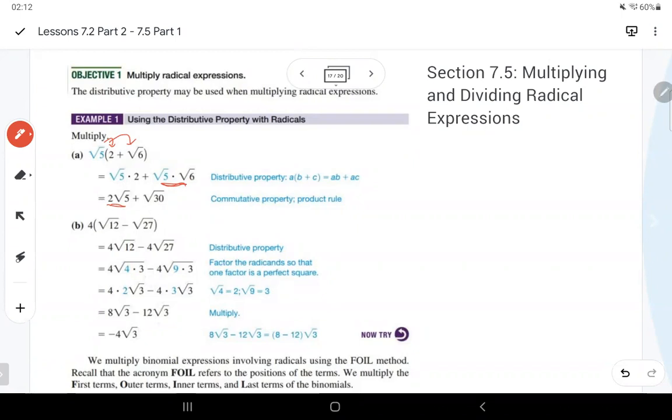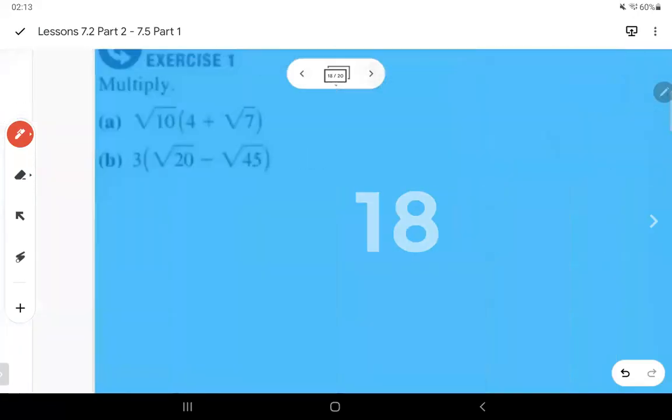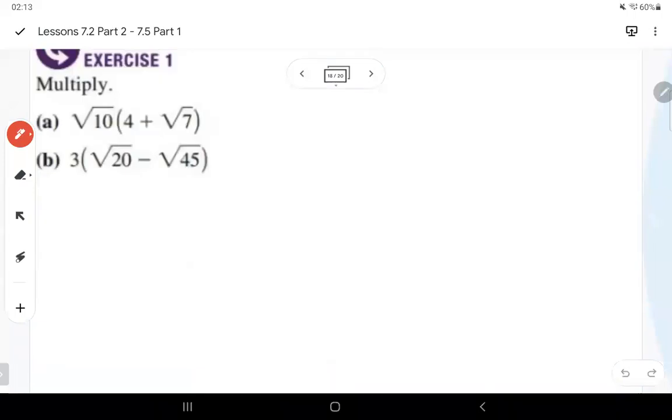Remember, when we multiply binomial expressions, we still want to use foiling even with radicals. So let's do a couple of these. We're going to distribute the square root of 10. So we will have 4 square root of 10 and that's going to stay like that.